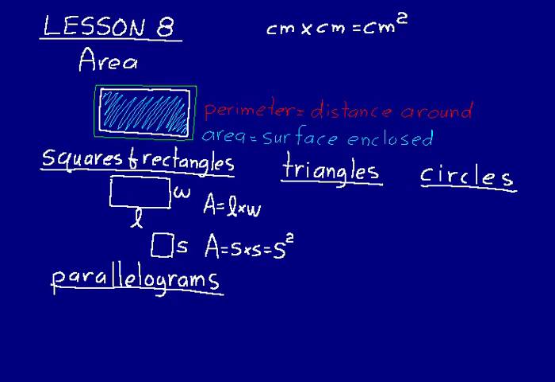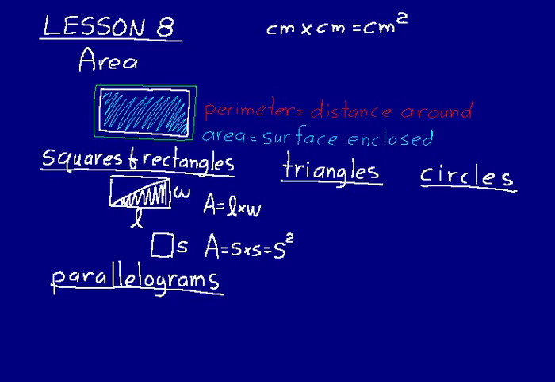Now the area of a triangle. Look at this rectangle. If I split that rectangle in half and I wanted to know just one half of that rectangle, that's a triangle there, right? To figure out that area, it would be the length times the width divided by 2, because it would be half of the area of the whole rectangle.